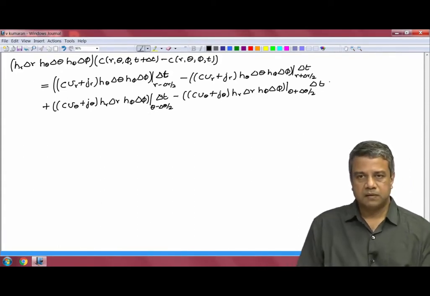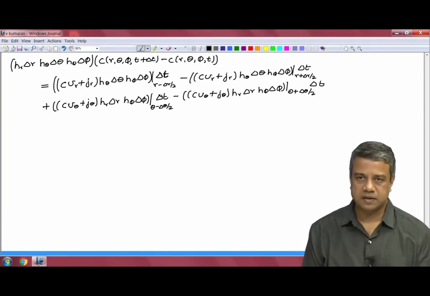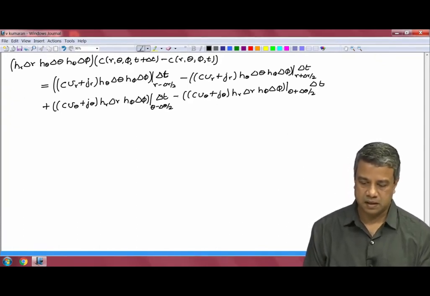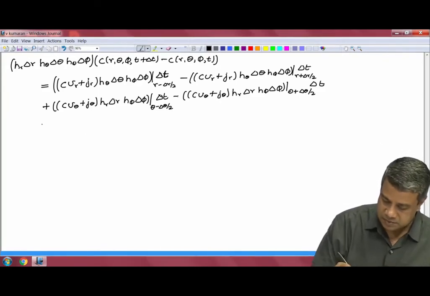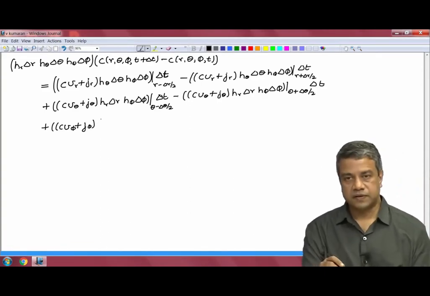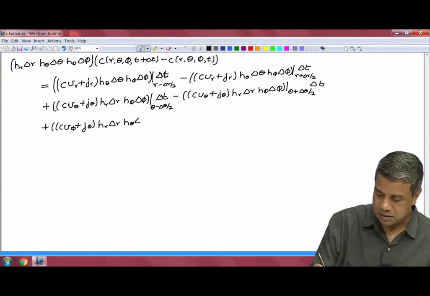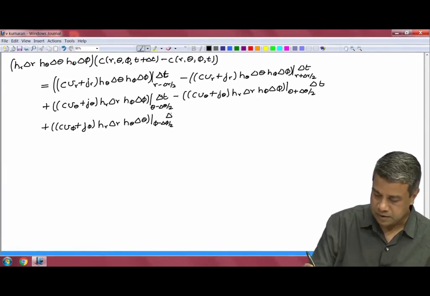Flux multiplied by surface area multiplied by the time interval is the mass in and out. Then similarly in the phi direction. The surface area perpendicular to the phi direction is h_r delta r h_theta delta theta, into delta t.